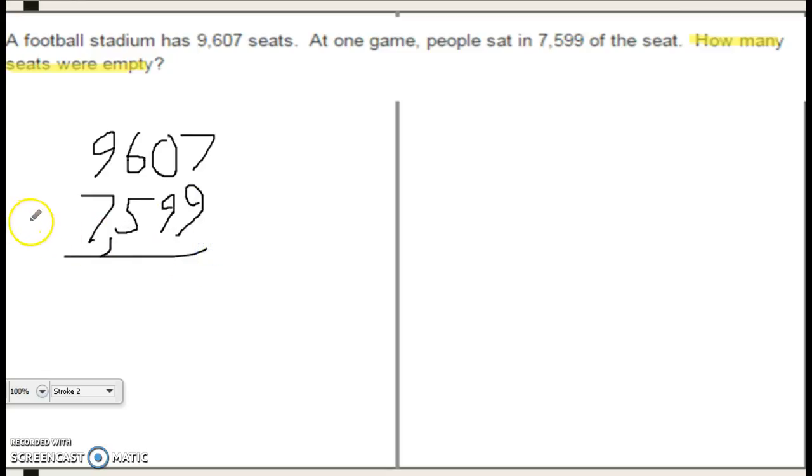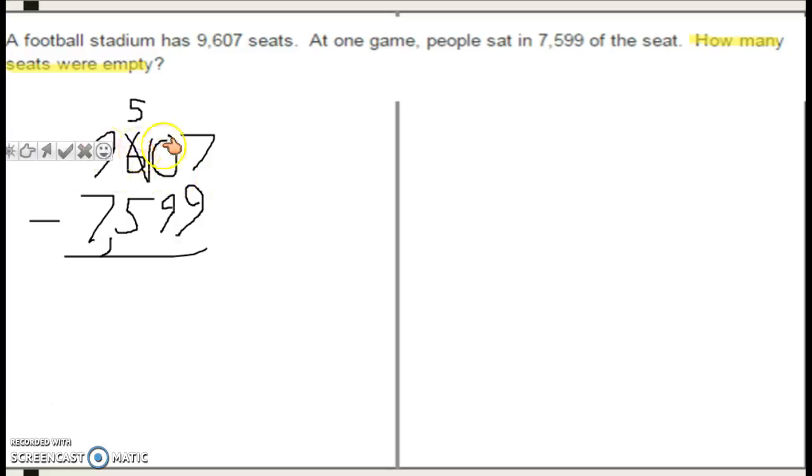We're going to subtract. We cannot do 7 minus 9. So we have to borrow from here, but we can't. 0 minus 9. So we have to go all the way to the hundreds place to borrow. We're going to borrow one group of hundreds. We're going to add that, because that's the same thing as 10 tens, to the tens place here.